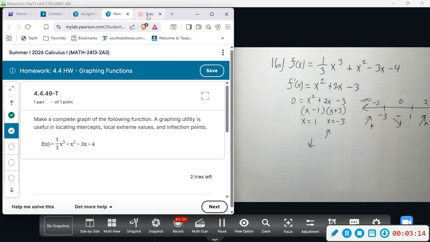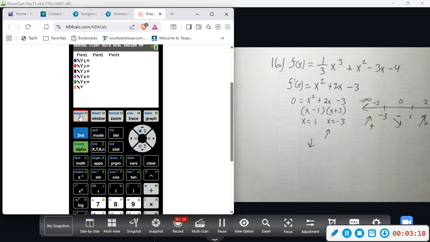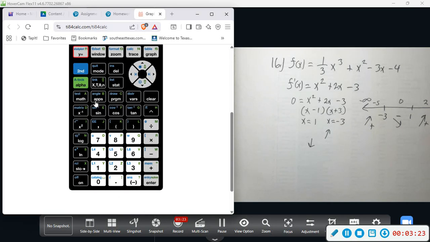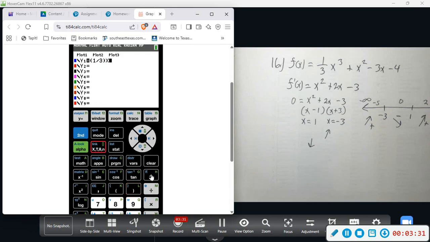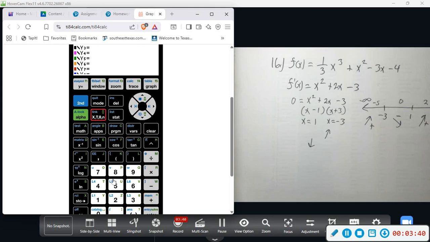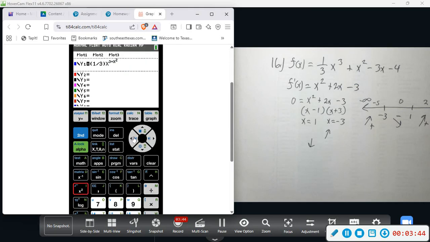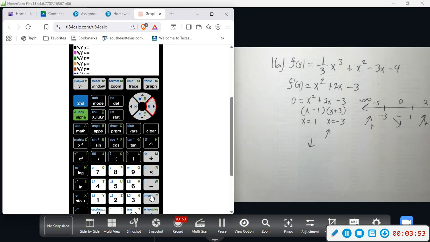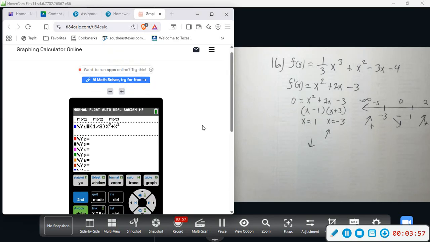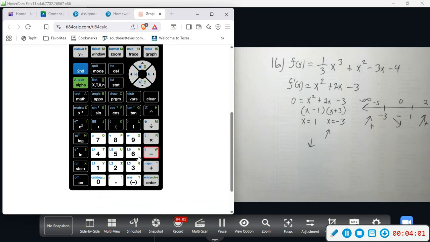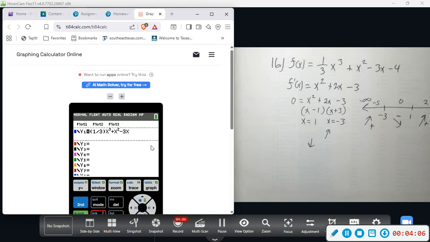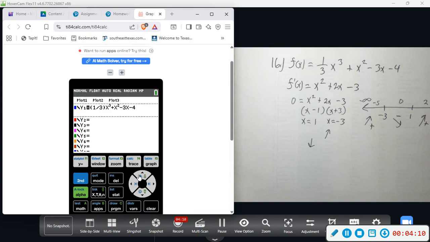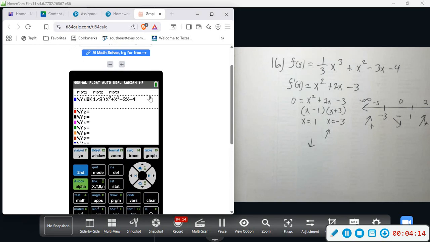I'll use the graphing utility to do that part. All right, so get it plugged in, just double checking.